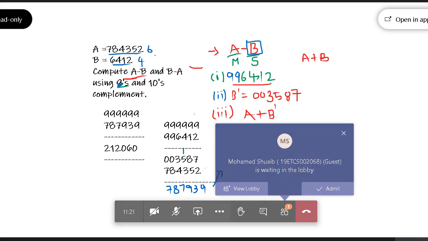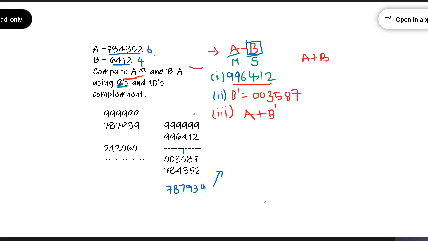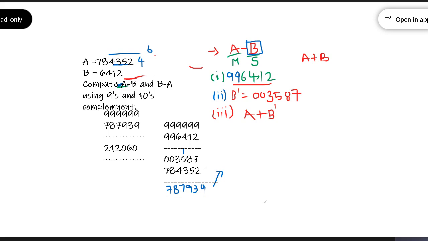Okay, now tell me whether this is right or not. If you see the first number here, if you directly subtract, what will you get? Here it is 784352 and 6412.